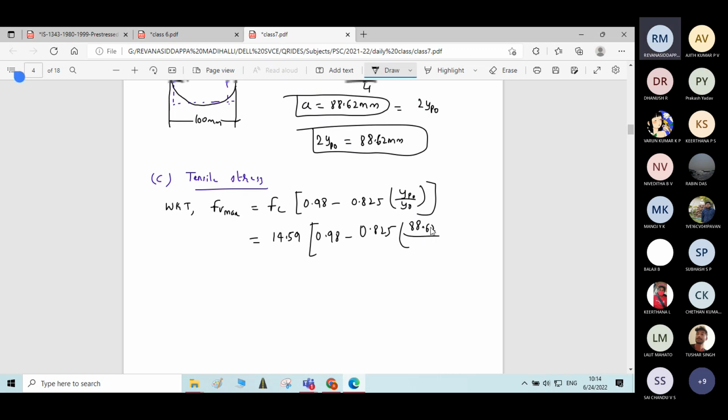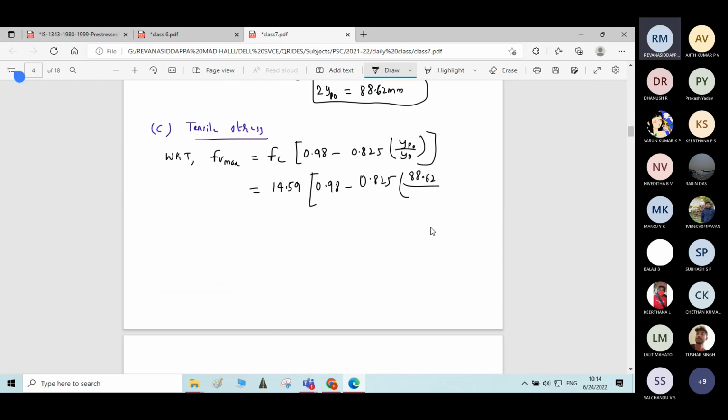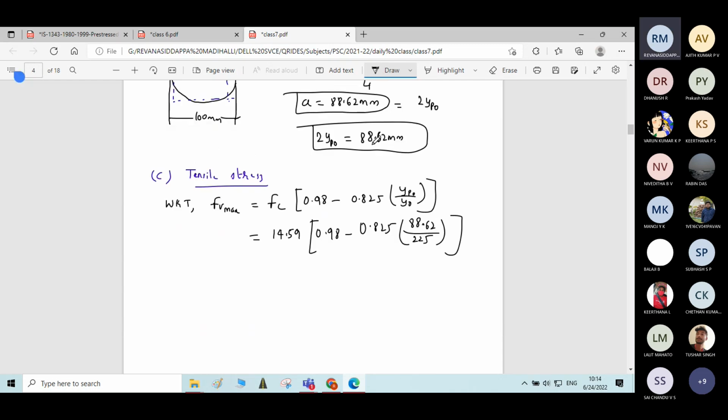Yp naught by y naught is 88.62 by 225. If you want, we can divide by 2 and substitute here. Even if you substitute directly, you will get the same answer, which is why I am substituting directly.